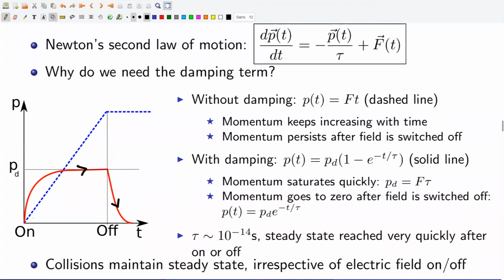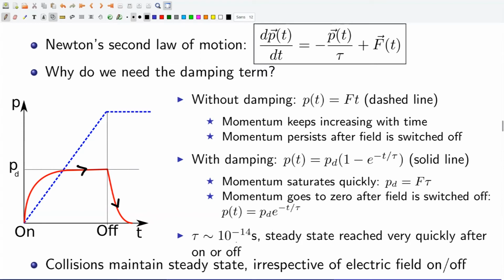The question is how long does it take to reach the saturation level, or once you switch off the field, how long does it take to become 0? The answer is a very small time, because tau is of the order of 10 to the power minus 14 second. Thus, the saturation should take less than even a nanosecond.